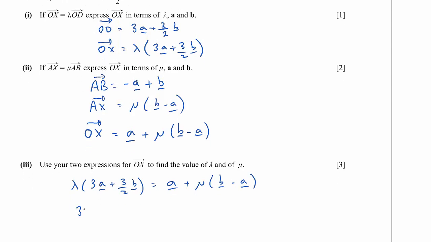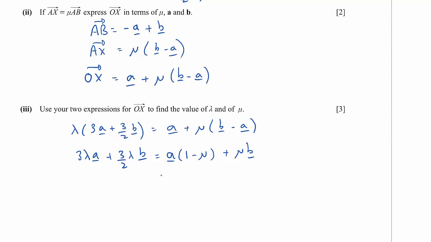Well, rewriting that, we've got 3 lambda a plus 3 over 2 lambda b is equal to a into, well, we've got 1 there, and then we've got take away mu plus mu b. So looking at the a's, we get 3 lambda is equal to 1 take away mu. Let's call that equation 1. And looking at the b's, we've got 3 over 2 lambda equals mu. Let's call that 2.